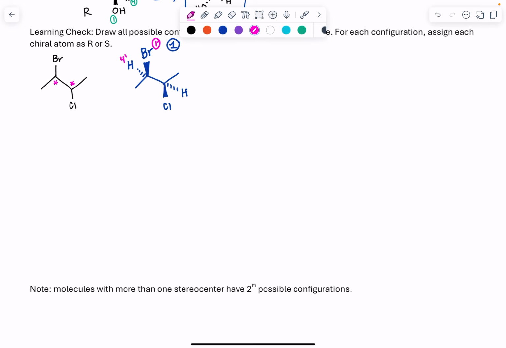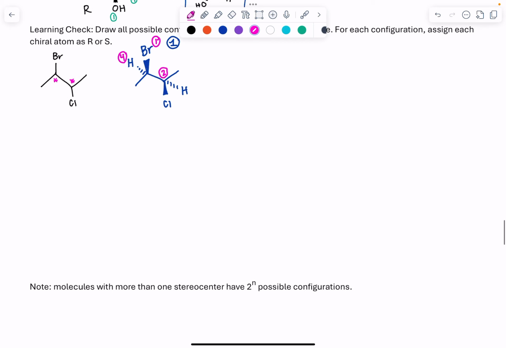Hydrogen will definitely be priority 4. And then we have the CH3 and the CHCl, CH3. This will be priority 2 because it's bonded after the carbon bonded to a chlorine. And then this will be priority 3.